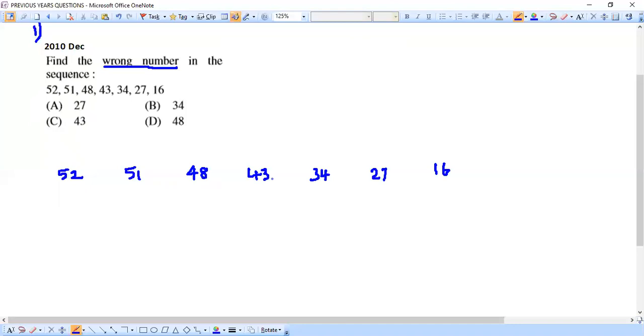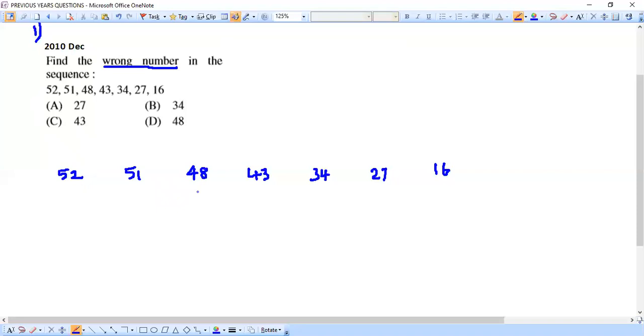So what is the procedure? Let's try to learn it. The procedure is again going to be the same. We need to try to form a pattern with these numbers. When we try to form a pattern here, somewhere in between the pattern will get broken.